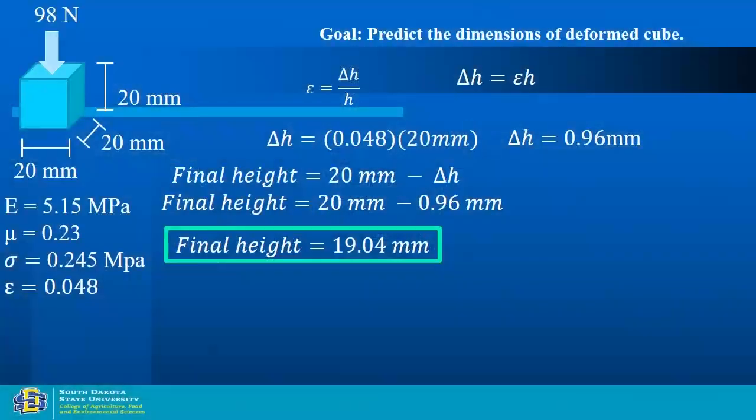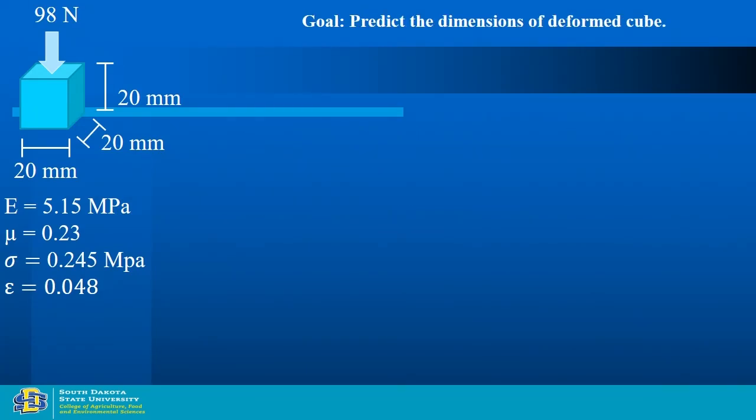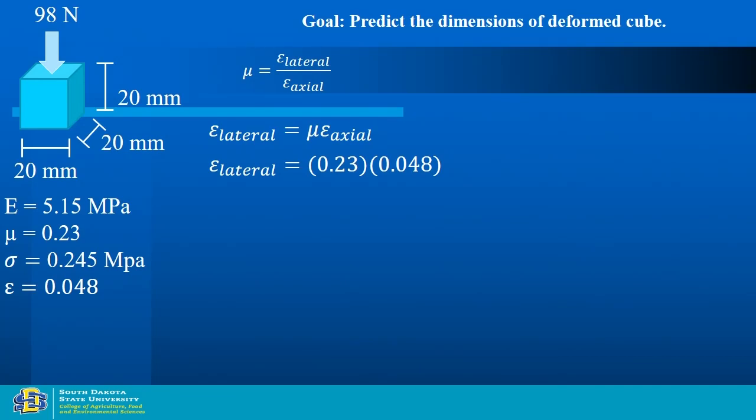So let's do the calculation for the other side. I'm going to go to the next screen. Same information. Poisson ratio is nothing but the lateral strain over axial strain. We have the Poisson ratio 0.23, and the axial strain we already calculated previously, 0.048. So the lateral strain will be 0.011.